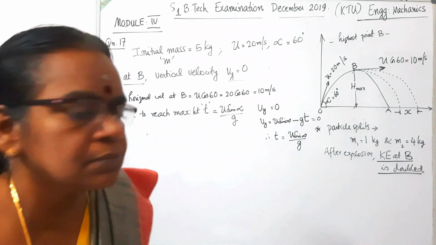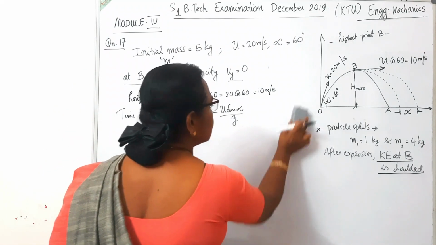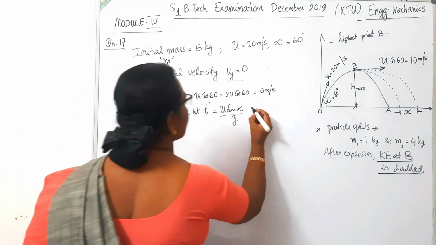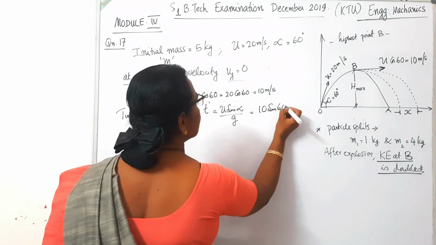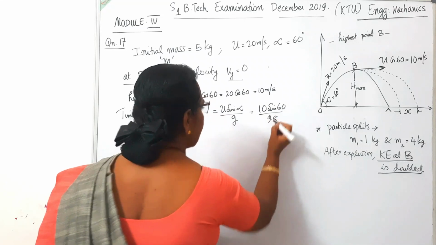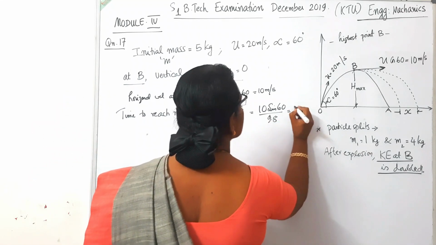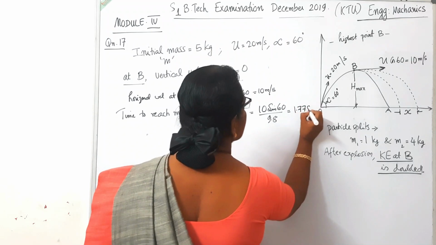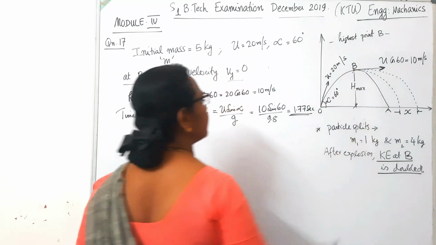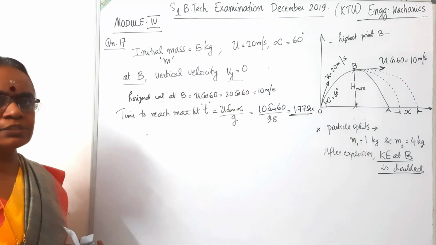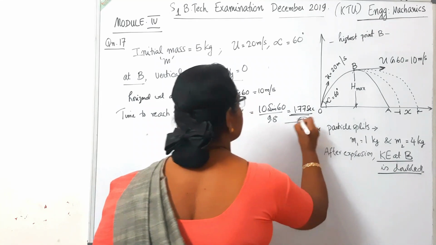You need not remember this; even if you don't remember this formula, we can directly write U sin alpha by g. So from that, U is equal to 20, so 20 sin 60 divided by 9.8. So you will get the time as 1.77 seconds. So the particle takes 1.77 seconds to reach the maximum height. That is one thing we require, one answer.